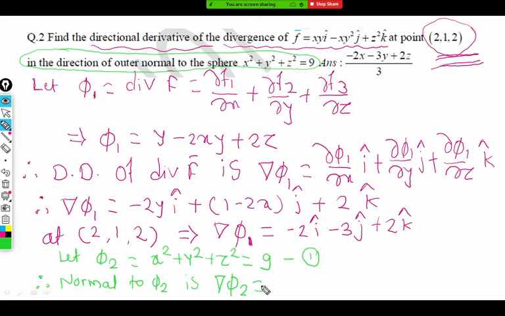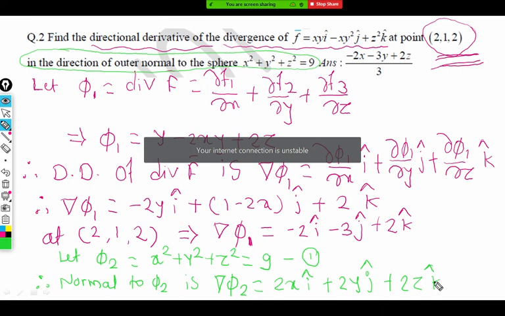If you take del phi 2, you'll observe dou phi 2 by dou x is 2x, dou phi 2 by dou y is 2y, and dou phi 2 by dou z is 2z k cap. So del phi 2 is actually the normal vector to the surface phi 2.